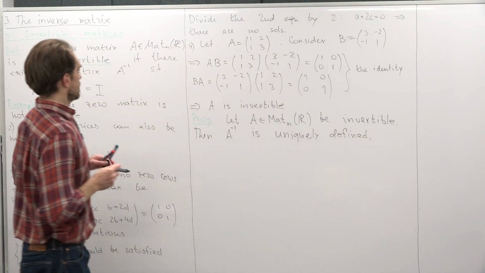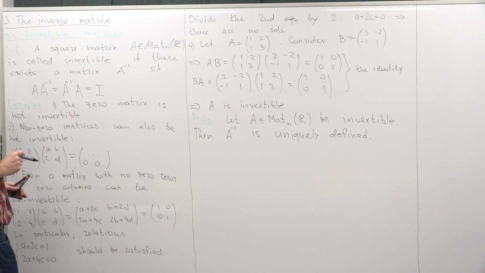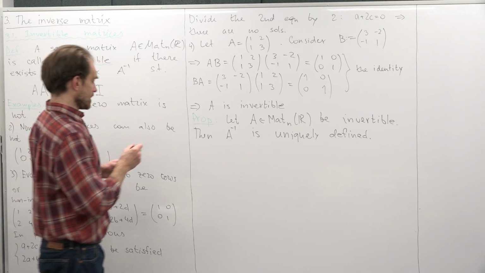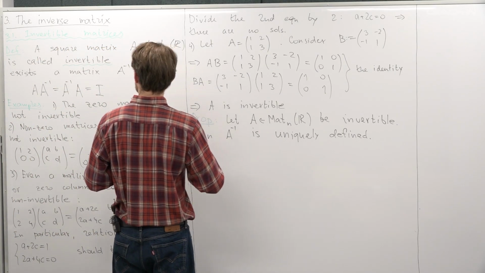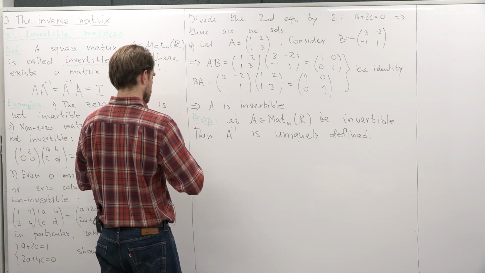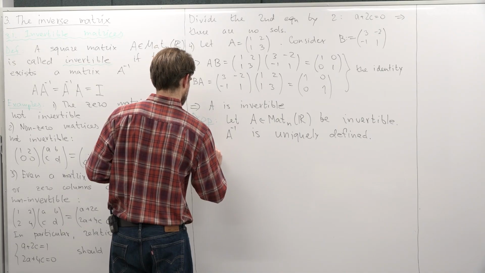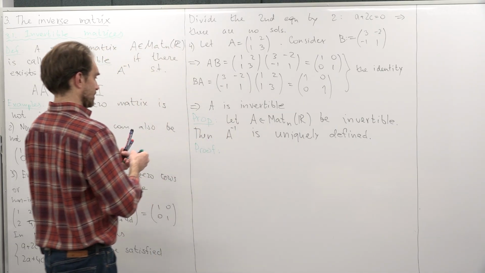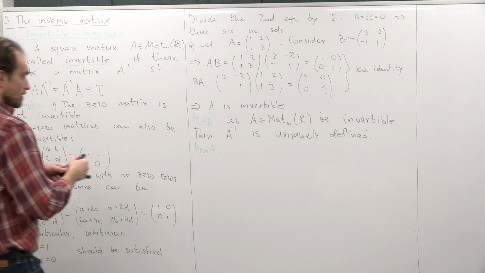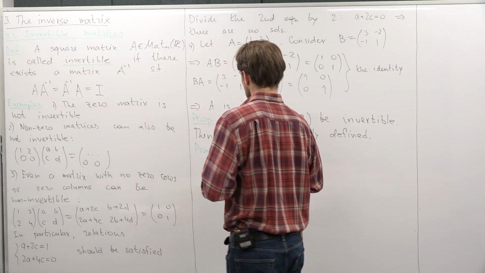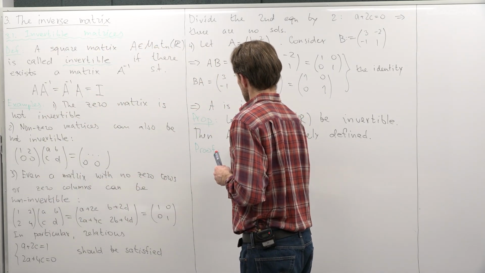So there cannot be two different matrices with this property. So assume the contrary.